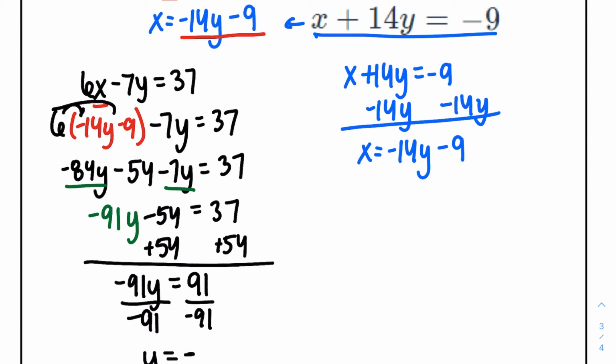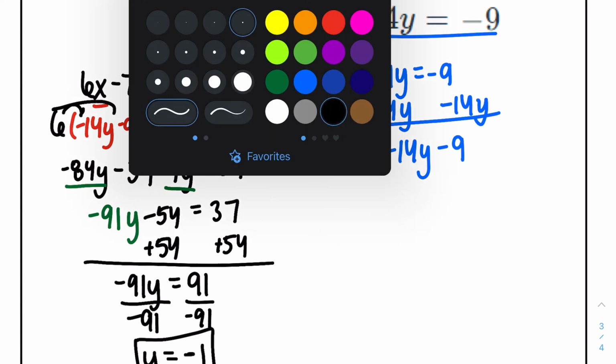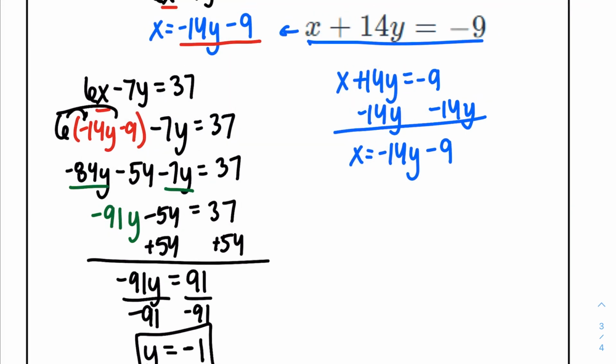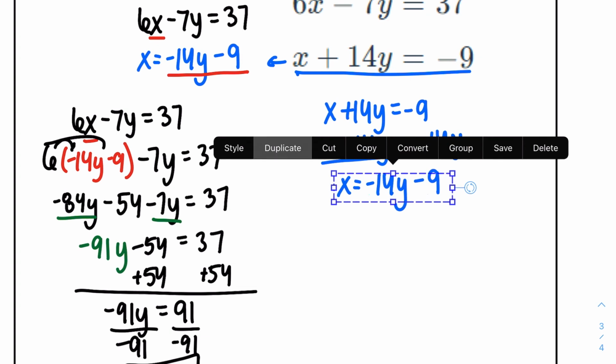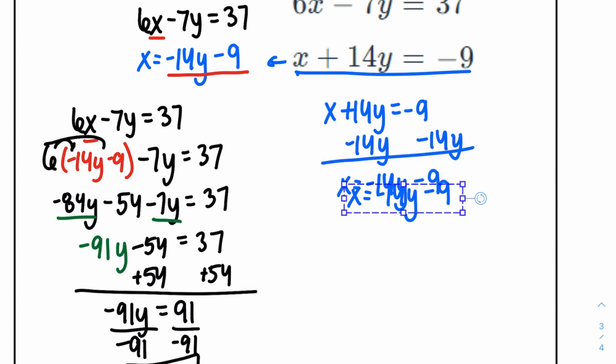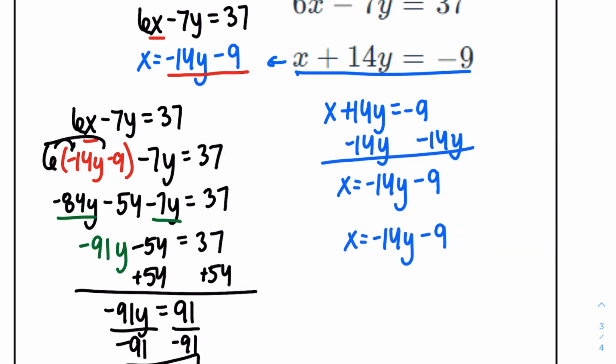Okay. Now that we've got our y value, we can plug it back into any of these equations, even the original. However, I like the way this equation looks because I need to get my answer for x, and since x is already by itself, that's where I'm going to plug in for the y.